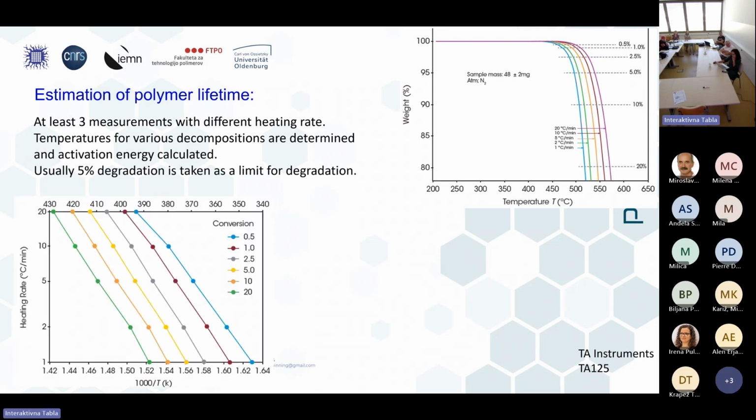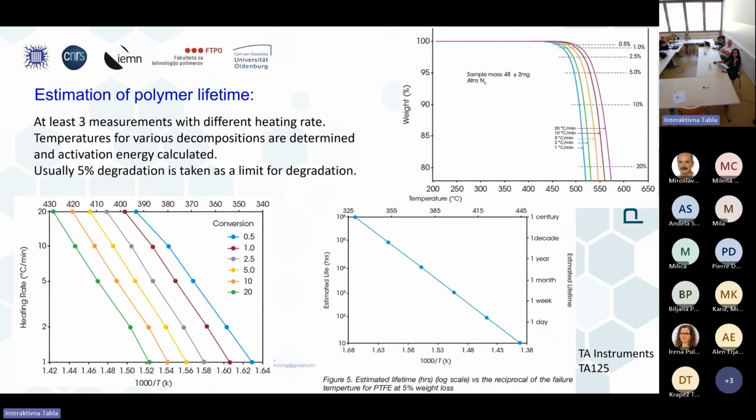Here, this is a graph of heating rate and different conversion at various temperatures, and from this we can also estimate lifetime according to different temperatures. The temperatures are here; this is 1000 divided by temperature.